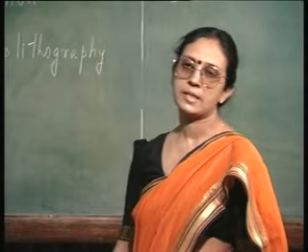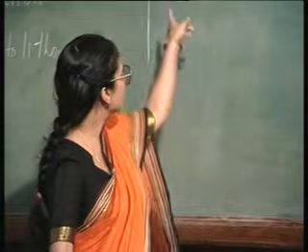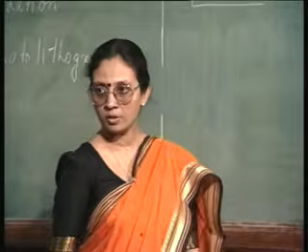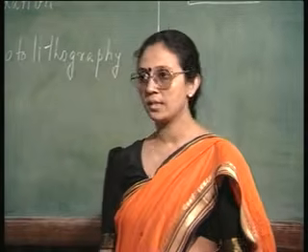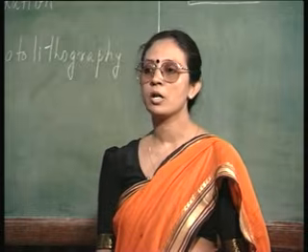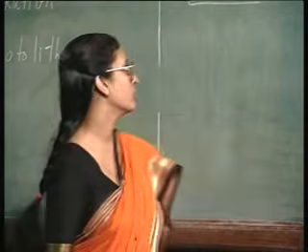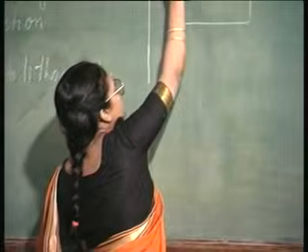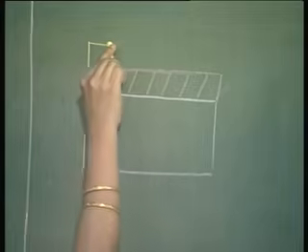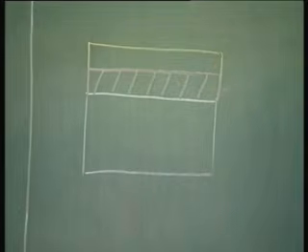What we do in this case is, we cover the entire surface of the oxidized silicon with a photosensitive material called a photoresist. So, you first put photoresist on the entire substrate.